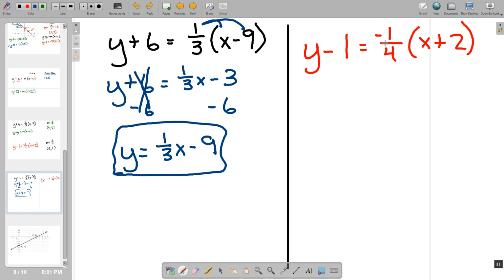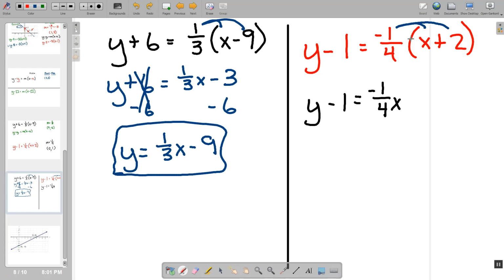For the problem on the right, we can do it again. And now this one's going to show us why point slope form might be better than slope-intercept form in some cases. So I would do y minus 1. I'm going to leave that. And I'm going to do -1/4 times x. Stays like that.